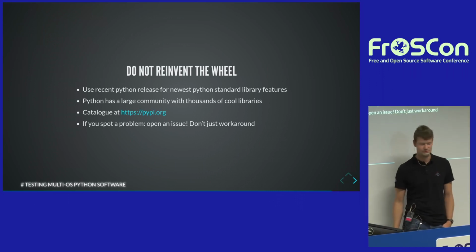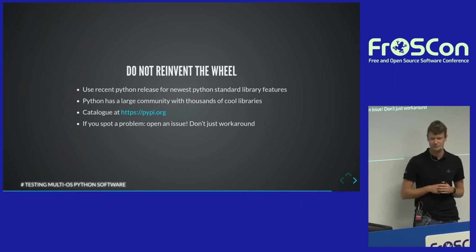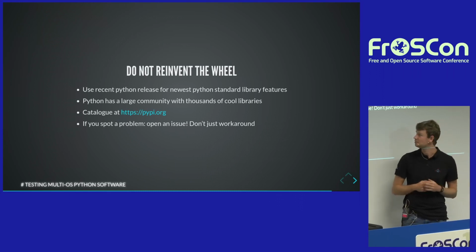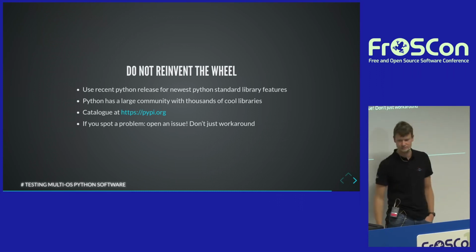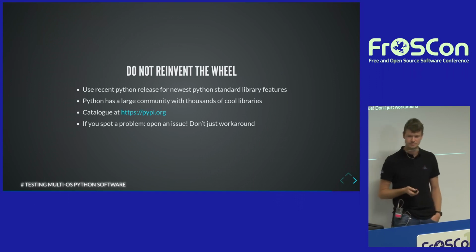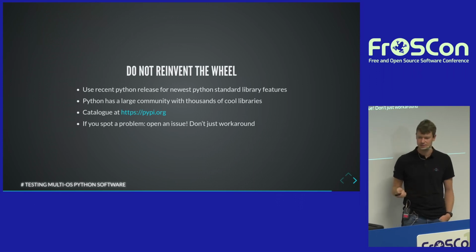So if you want to implement a thing, you should at least take a look around and see if it has already been done and if you can use that. There is this public catalog at pypi.org, and there's a search interface where you can see if there's anything you can use.